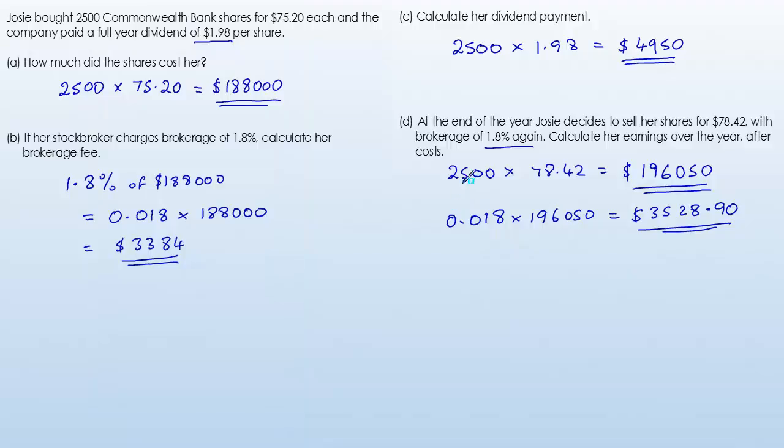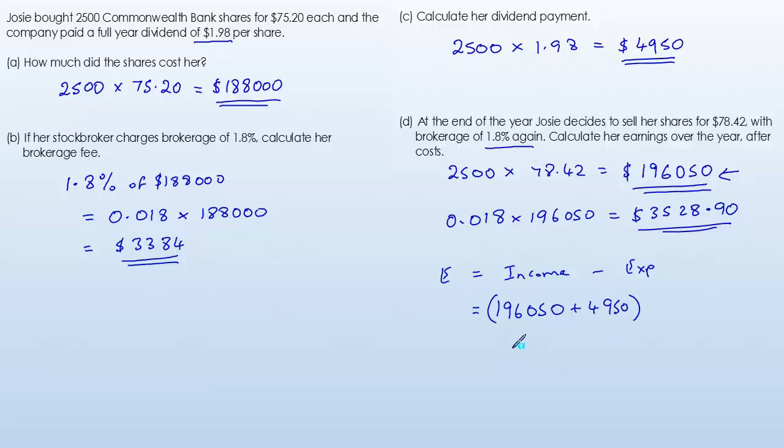Now we want to calculate her earnings over the year. So her earnings are going to be equal to the income take away the expenditure. So as income, she had the proceeds of the sale and the dividend payment.